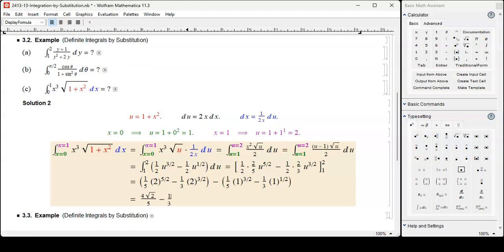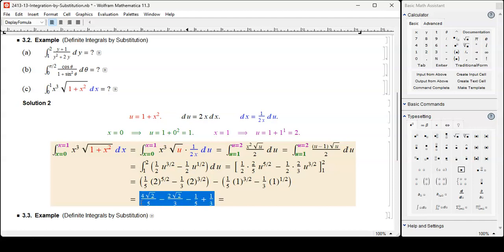Minus 1/3, and then that's 2 square root of 2, 1/5 plus 1/3. Yeah, I guess that's it, and then some further simplification.